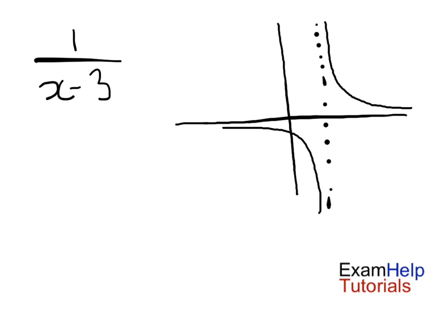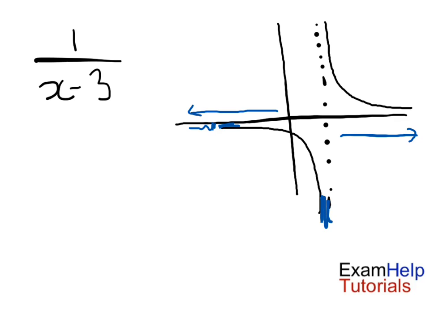So basically, as it goes on infinitely in this direction, and infinitely in this direction, it gets closer and closer to the x-axis. Sorry. But it never actually reaches the x-axis, and same with this.